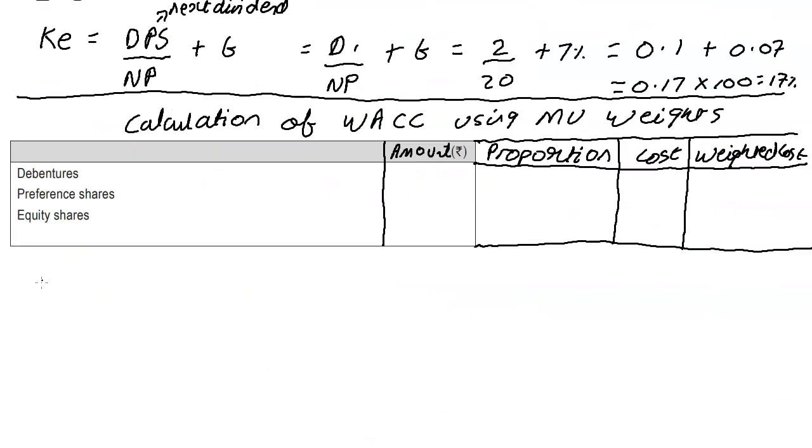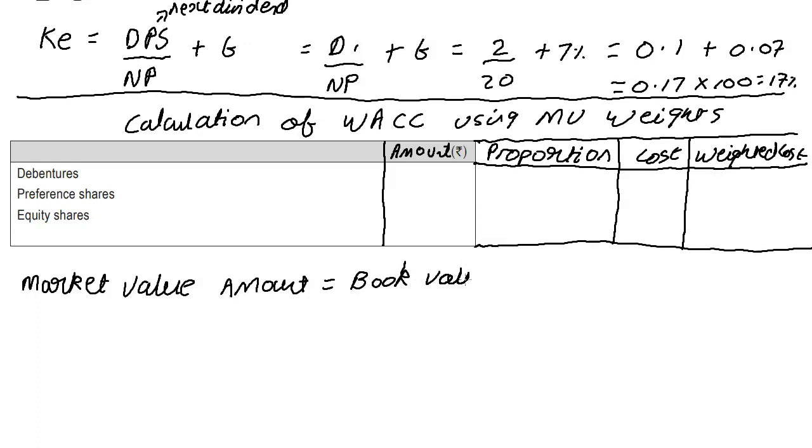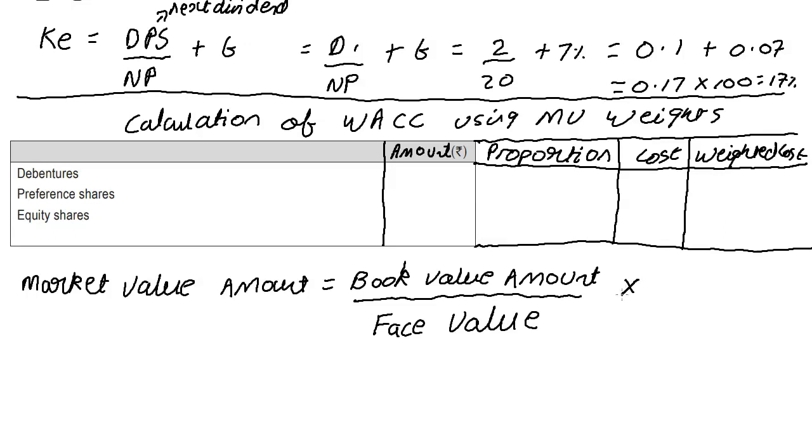Okay, so to calculate amount, market value amount is equal to book value amount, and we divide that by face value and multiply it by current market price.